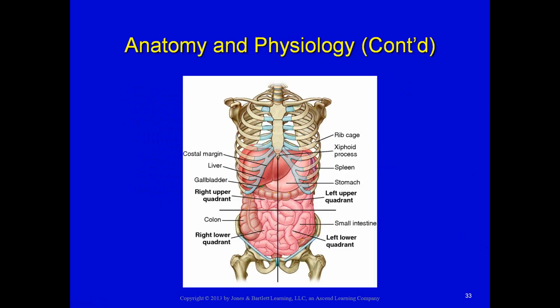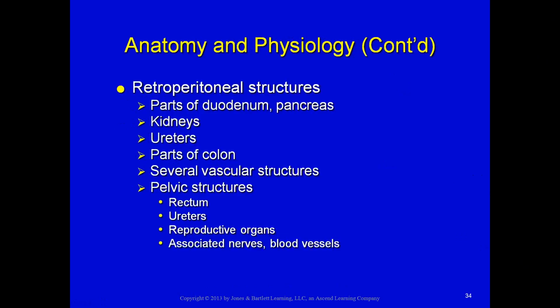And then this is just again an example of what contents are located in the abdominal cavity based on quadrant. The retroperitoneal structures: parts of the duodenum, parts of the pancreas, the kidneys, the ureters, parts of the colon, several vascular structures supplying blood to the kidneys.